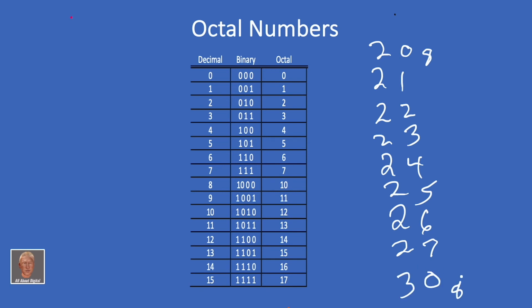So we go to 30 base 8, and then 31 all the way to 37, and that's going to roll over to 40 base 8.